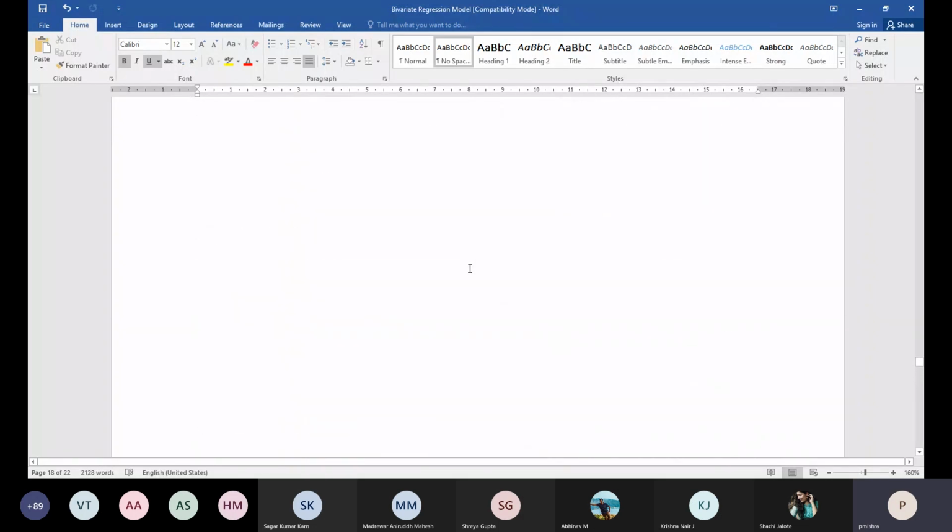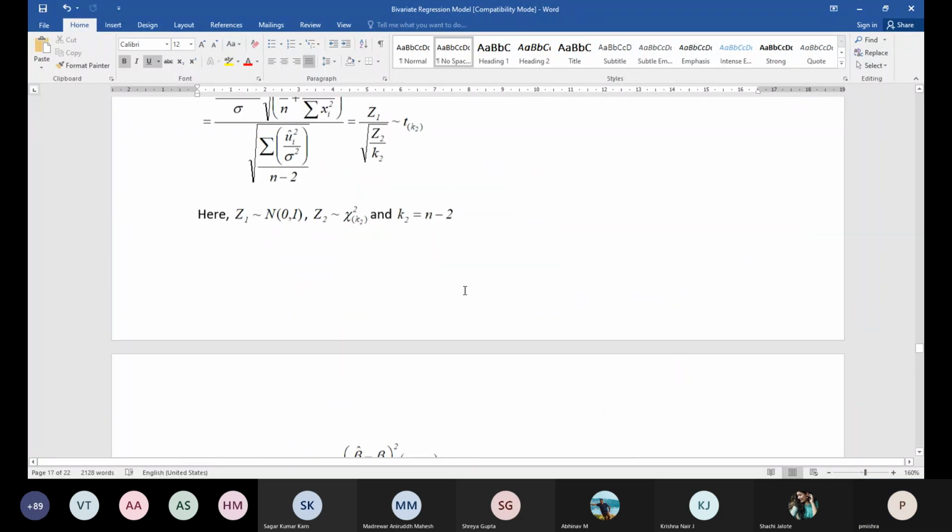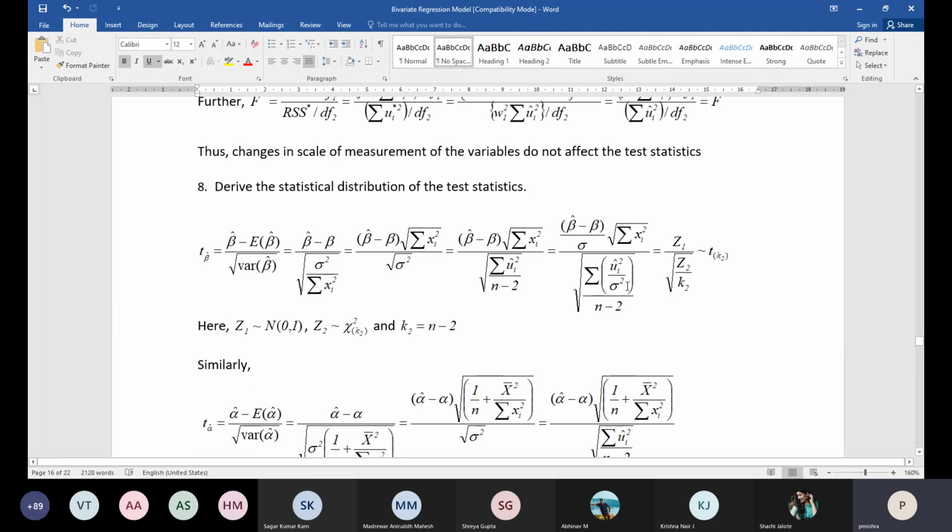So here in the denominator, this part is basically giving me a chi-square distribution divided by degrees of freedom, n minus 2. So essentially, I can write it as a standard normal distribution divided by the square root of a chi-square distribution divided by the respective degrees of freedom. And by this definition, this ratio is nothing but a t distribution.